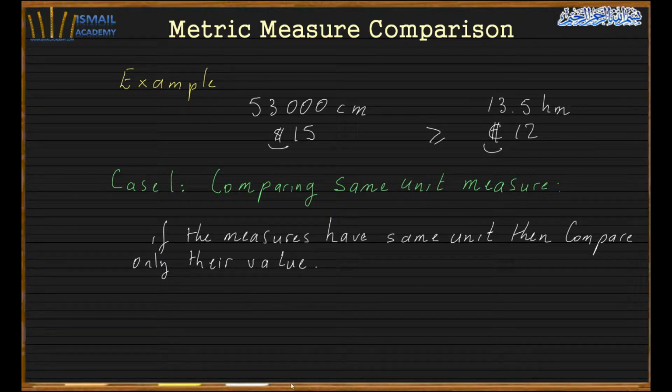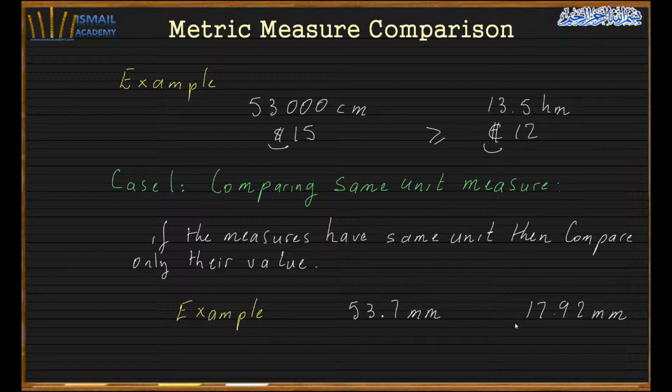So let me give an example. So suppose I want to compare 53.7 millimeter and 17.92 millimeter. So the unit measures are the same, so that means this is not a problem for me now. So I need to just compare the value using the number comparison. So here I'm going to start using the concept of the place value.